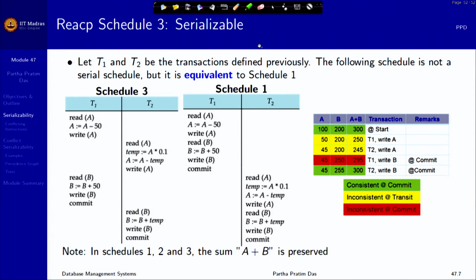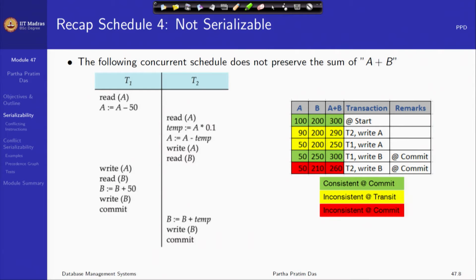Just to recap these examples that we had shown in the last module: schedule 3 is serializable, because it is equivalent to schedule 1. So, as we had seen, schedules 1, 2 and 3 are serializable.